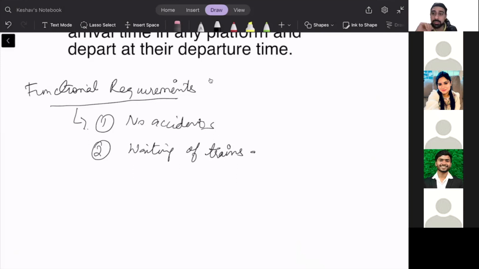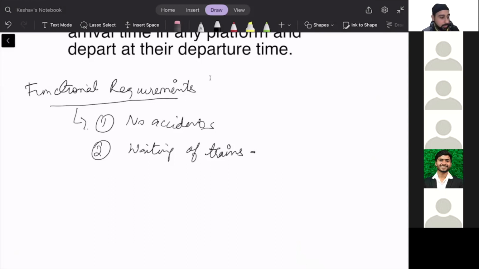Right, now I can say some of the layman's situations, if I just think not as a technical person, just as a simple person. Sure. What I would like is, as you mentioned, that there should be no accidents. So obviously, the first thing I need to know is that every train needs to have a platform and an arrival time, and no train should have the same arrival time and the same platform.